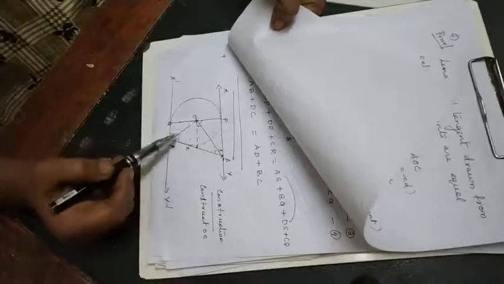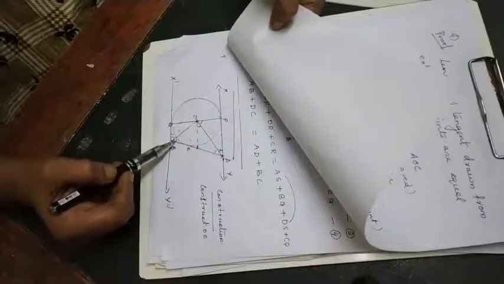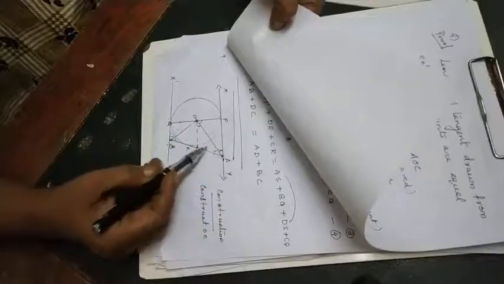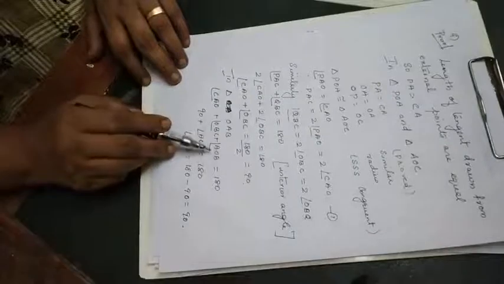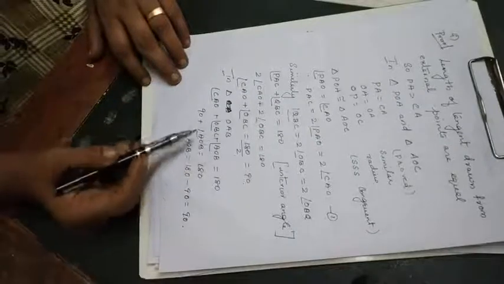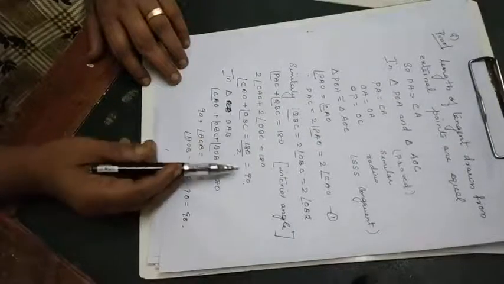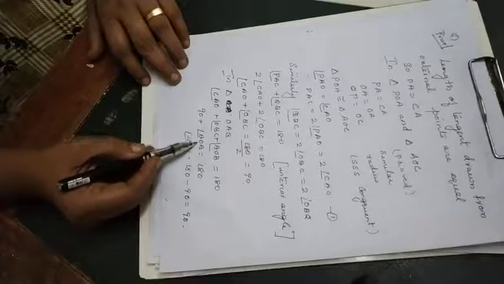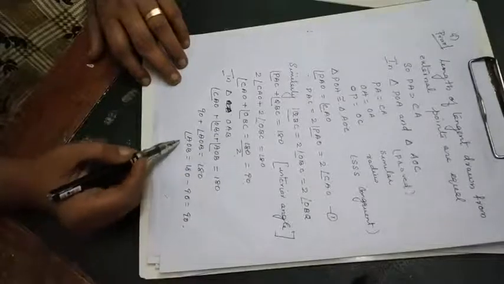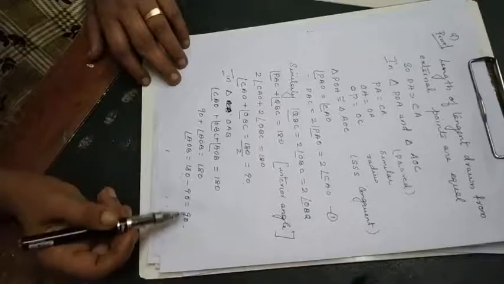This plus this one is equal to 180. Now you got these two angles, CAO plus OBC, equal to 90 degrees. That means 90 plus AOB equals 180, or AOB equals 180 minus 90, equals 90.